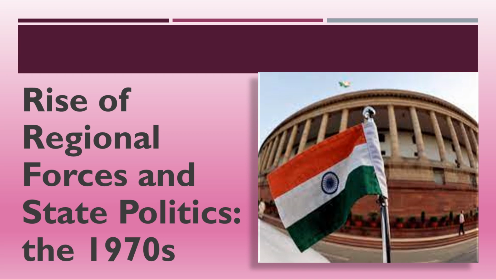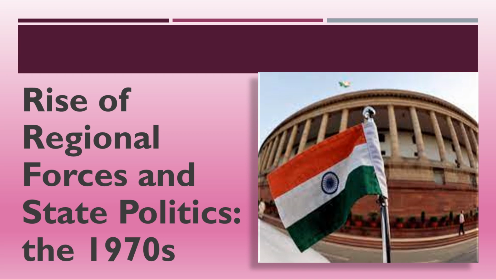The state level leaders and the political parties challenged not only the leadership and organization of Congress symbolized by Indira Gandhi, but also sought a strong place for the states in the center-state relations.